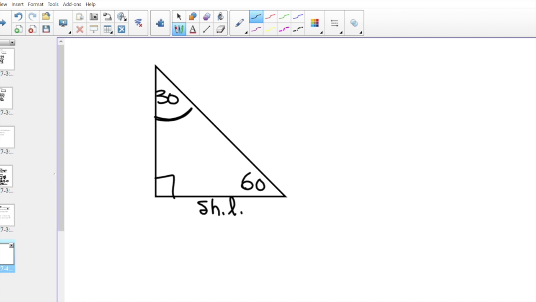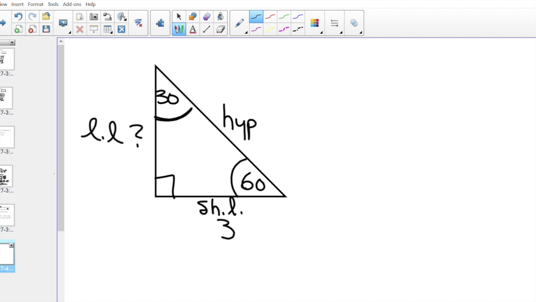He's always away from the 30. Let's say that he is 3. Now, I want to know the side opposite the 60-degree angle, which is called the longer leg, abbreviated LL. And I also want to know what the hypotenuse is, abbreviated as HYP.